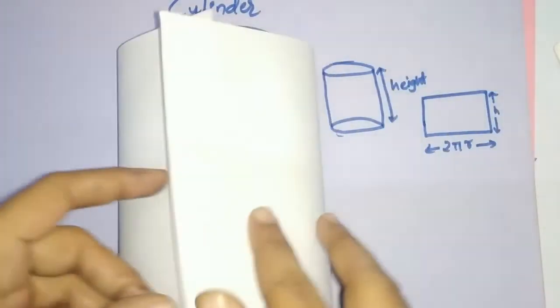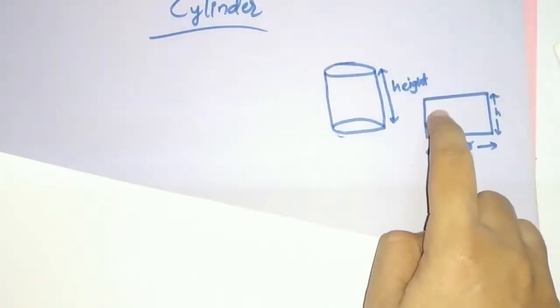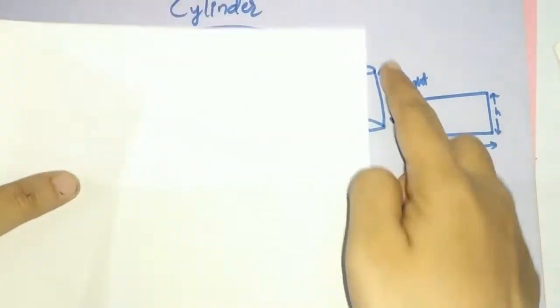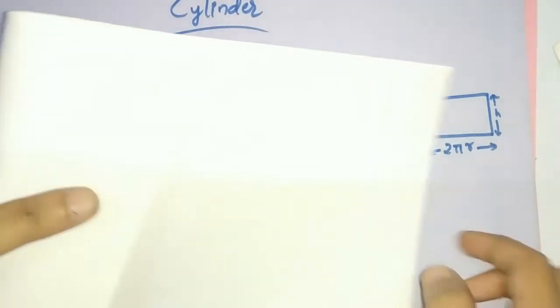So when you open the cylinder, it becomes a rectangle with base 2 pi r and height h.